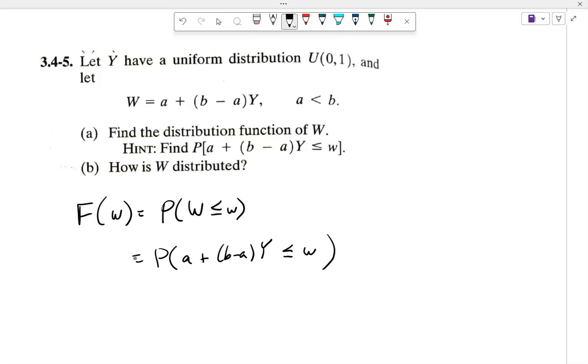They tell us Y is uniform on 0, 1, correct? Okay. That means what I want to do with this is solve for Y to start with. I know what the distribution of Y is, so I'm going to solve for Y. To do that, we would subtract the A and divide by the B minus A, correct?